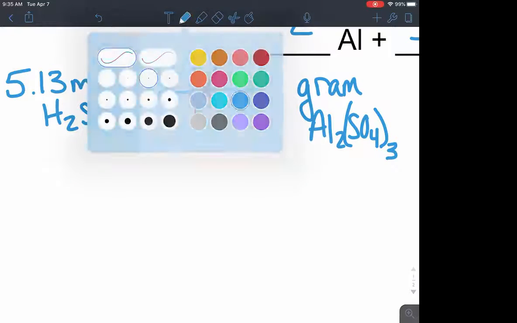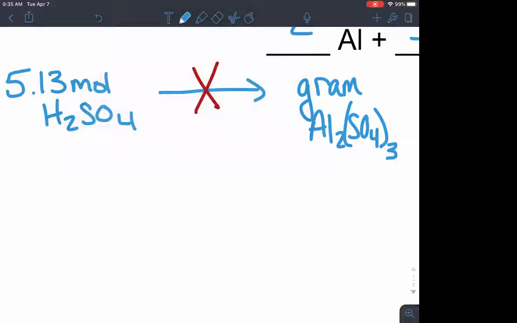Do you guys remember from before break what we could do? We could go from moles of something to what? With our conversions from before break, when we started with moles, what other units could we go to?